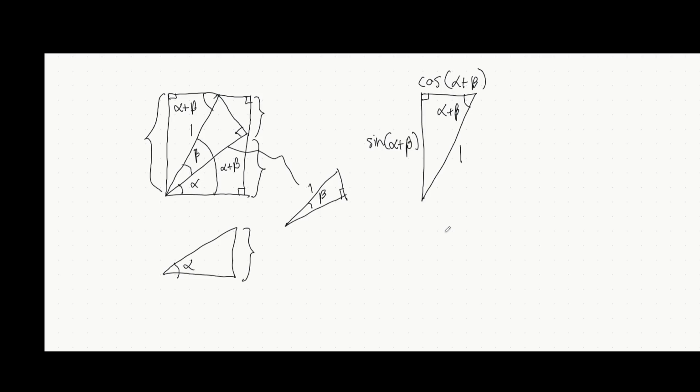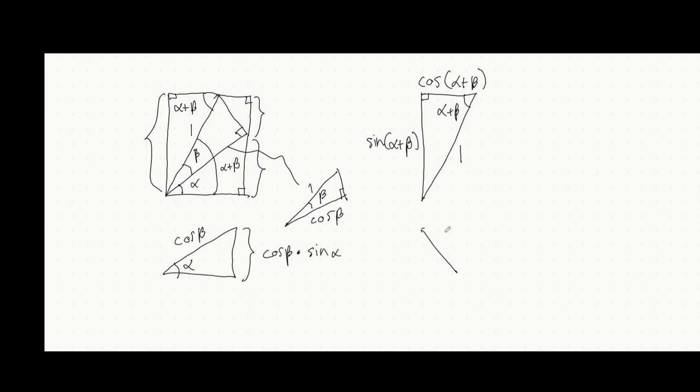So this adjacent side is cosine of beta. And we know that the bottom of this triangle is the top of this triangle, so this side is cosine beta. And so the side opposite to this angle alpha is the hypotenuse times sine of alpha.